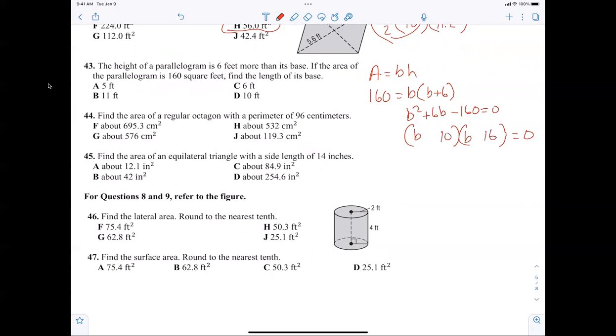So the base could be 10 or the base could be negative 16. Is it possible for the base to be negative? No, so the only answer is base is 10. All right, and we always have to check because they could have asked for the height, correct? So make sure you go back on the test and double check, make sure you answer the right question.